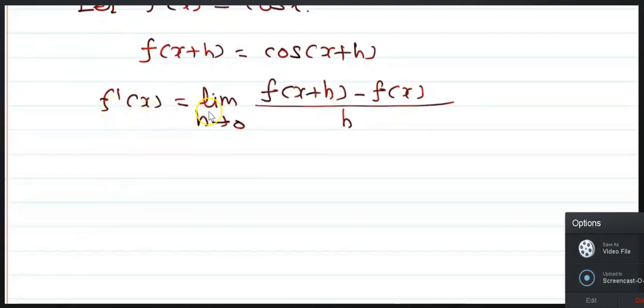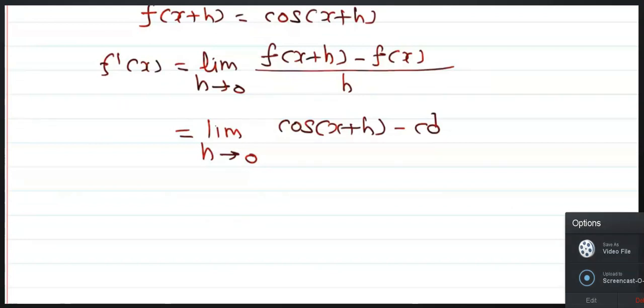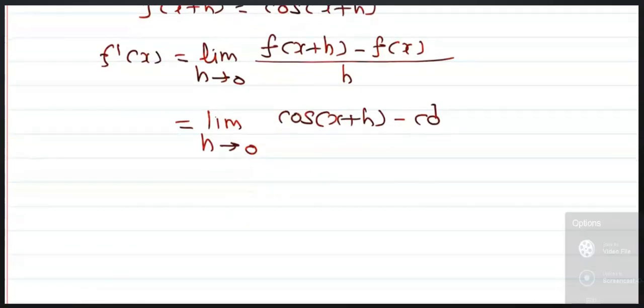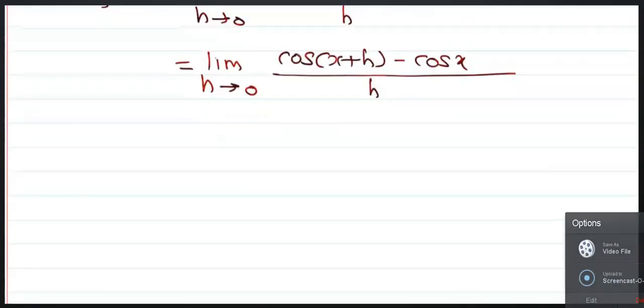f dash of x is equal to limit h tends to 0, f of x plus h minus f of x upon h, and substitute the value. Limit h tends to 0, cos of x plus h minus cos of x upon h, and simplify this.